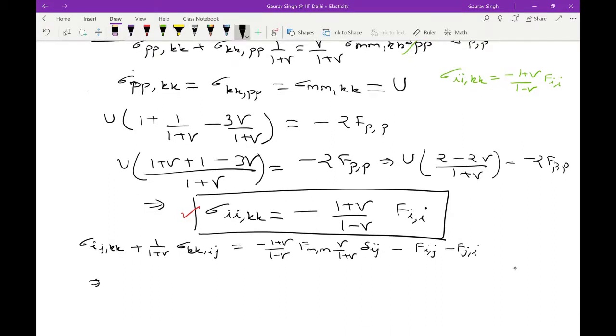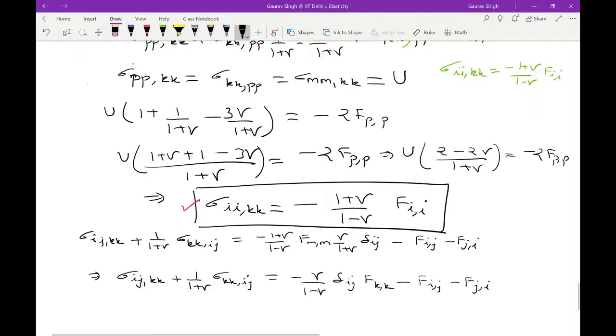This should imply that we have sigma ij comma kk plus 1 by 1 plus nu sigma kk comma ij is equal to minus nu by 1 minus nu delta ij f k comma k. m comma m can be written as k comma k because there is nothing else to confuse us in this term, minus f i comma j minus f j comma i.